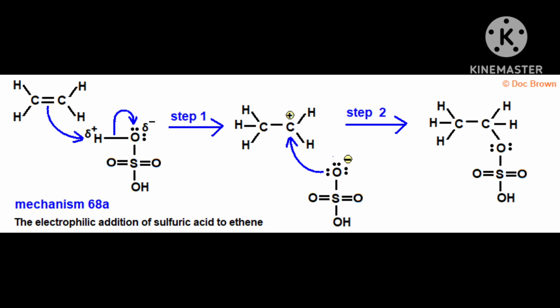That's why HI will not work in the peroxide effect. The I radicals are very reactive and quickly combine to form an iodine molecule instead of adding to the double bond.